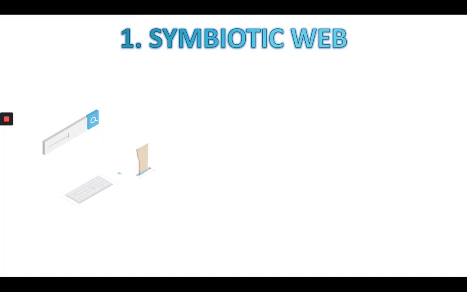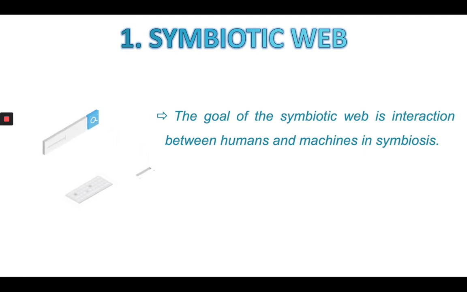And now we move to the symbiotic web. Web 4.0 is also known as the symbiotic web, and the goal of the symbiotic web is the interaction between human and machine in symbiosis.